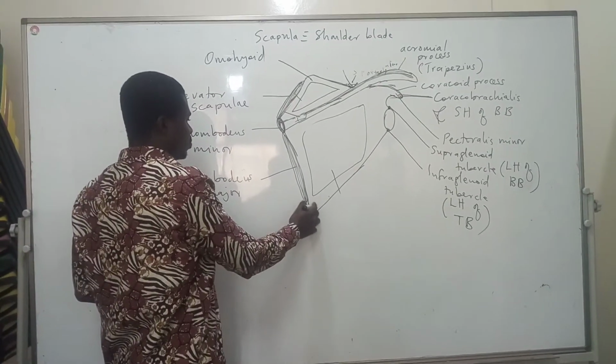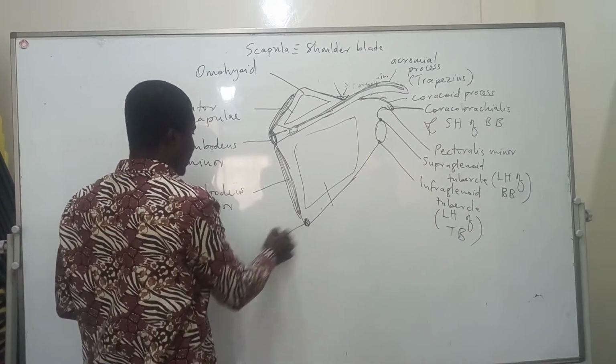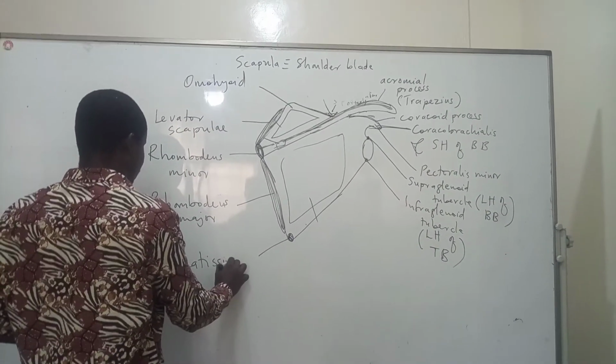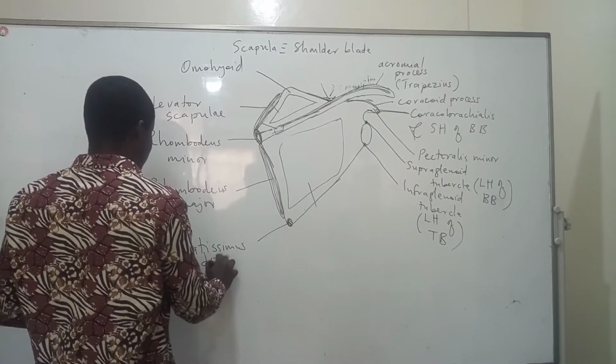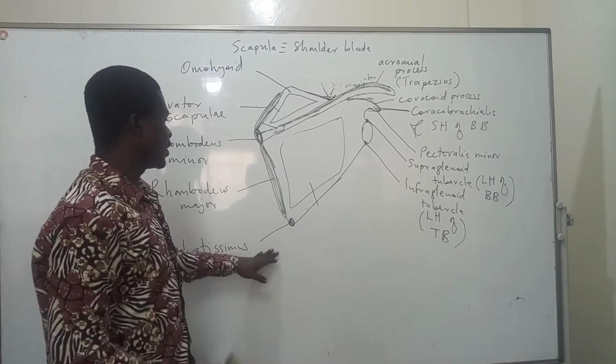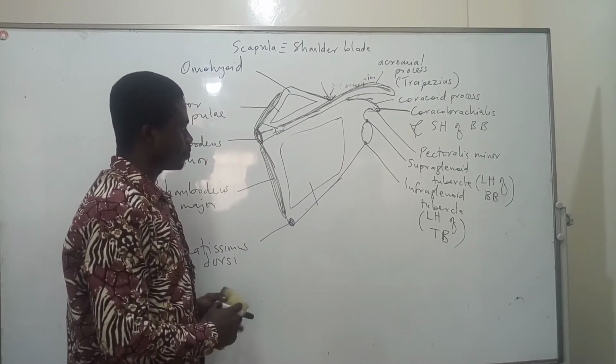The inferior angle provides some of the fibers of latissimus dorsi. The latissimus dorsi muscle has insertion at the inferior angle.